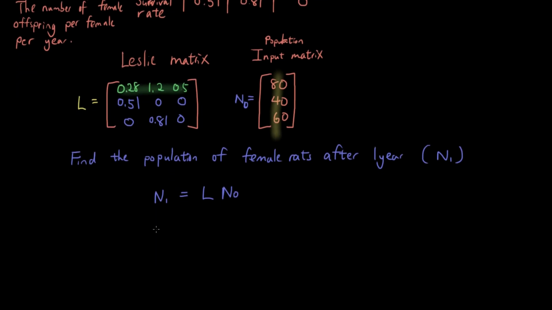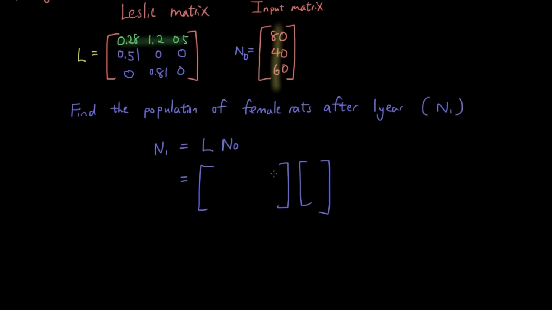So how does this work? Well, let's do the calculation. I will explain to you how it works as we do the calculation. So you can see here I have 0.28, 1.2, 0.5.